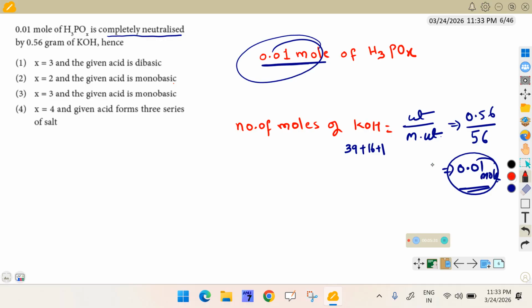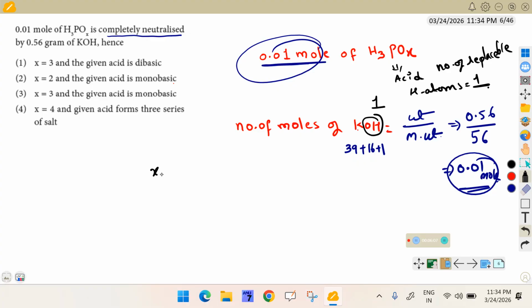One more point you can observe: the number of moles of KOH is the same. In KOH the number of replaceable OH groups is 1. In the acid also the number of replaceable hydrogen atoms is 1. Then it is completely neutralized.